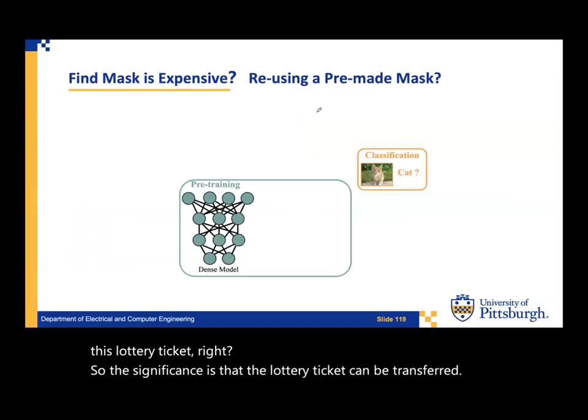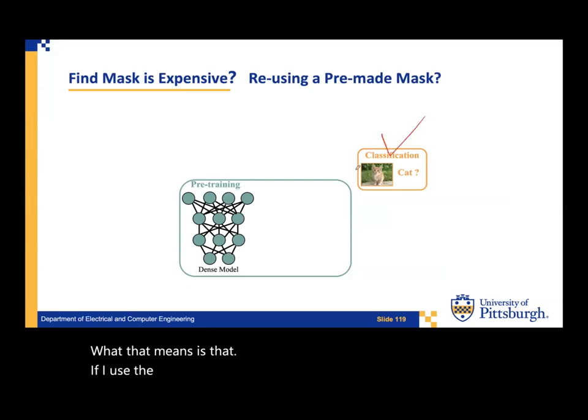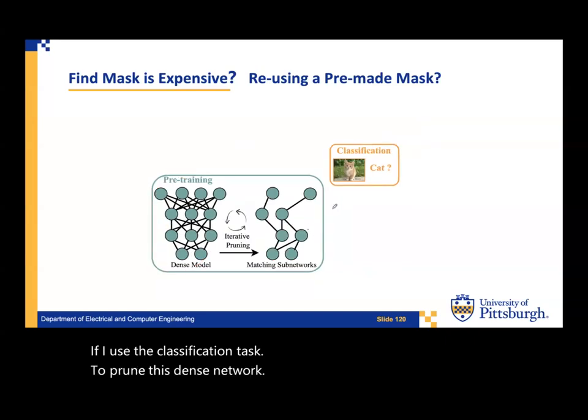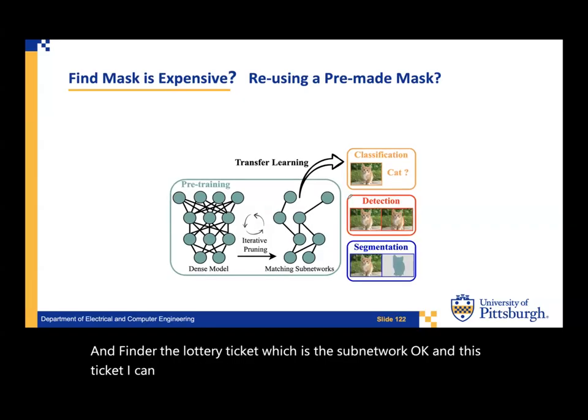What that means is that if I use the classification task to prune this dense network and find the lottery ticket, which is the subnetwork, okay? And this ticket, I can reuse for another task, say detection and segmentation.